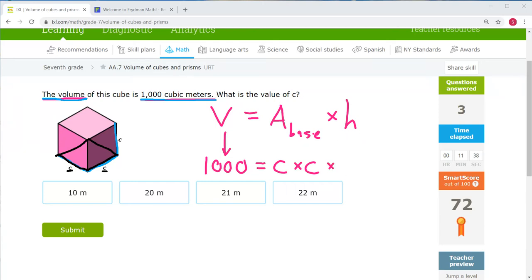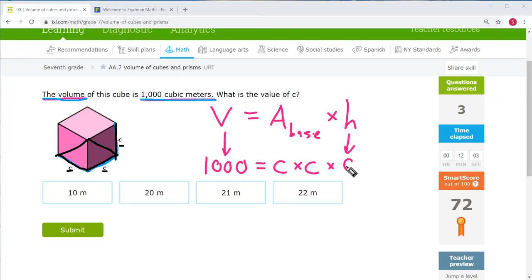Well, the height is also C. So we can plug that in as well for the height. So what we have here is 1,000 is equal to C times C times C.